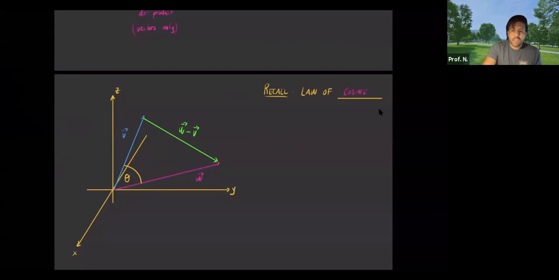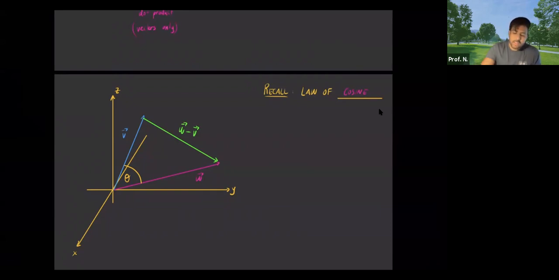The law of cosine is the generalized version of the Pythagorean theorem. This Pythagorean theorem comes up a lot. I wonder if Pythagoras even considered the broad scope implications of his theorem.